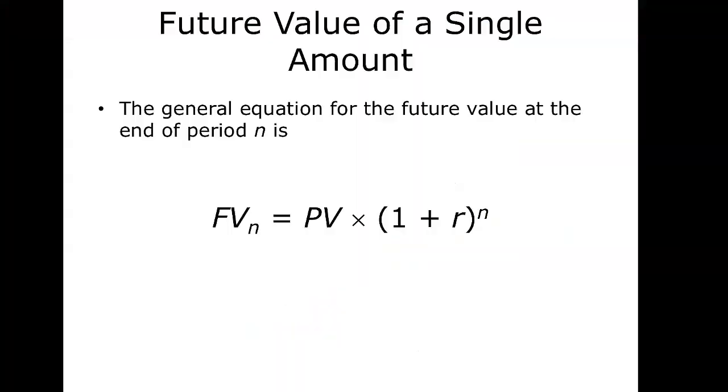The general equation for a future value at the end of period N is that the future value is equal to the original present value multiplied by 1 plus the interest rate R raised to the number of periods.